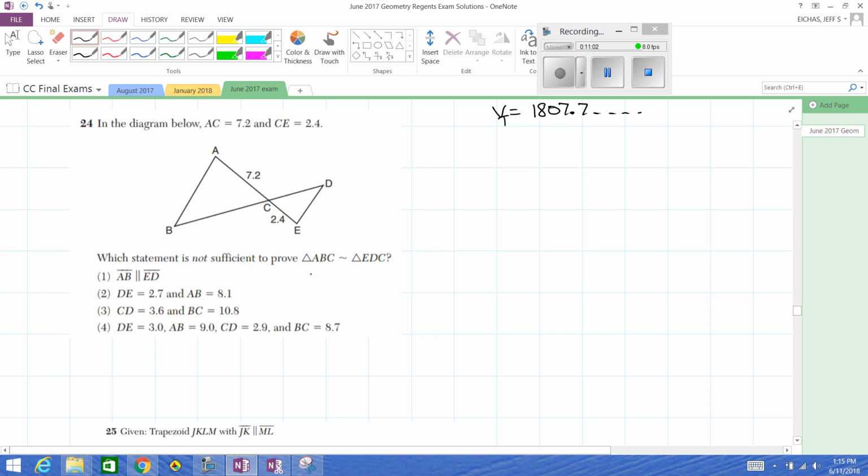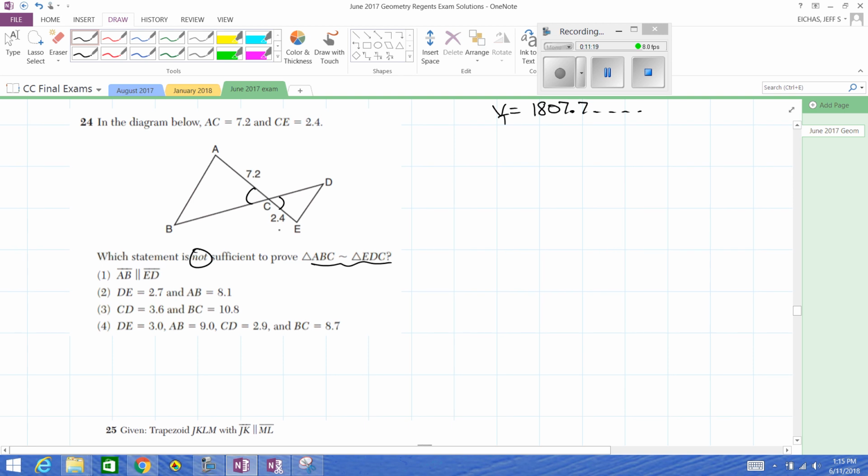Okay, so we're trying to prove that the triangles are similar. All right, which is not sufficient. Great. Okay, we know that we have a pair of angles in here. We have the ratio of 2 sides.